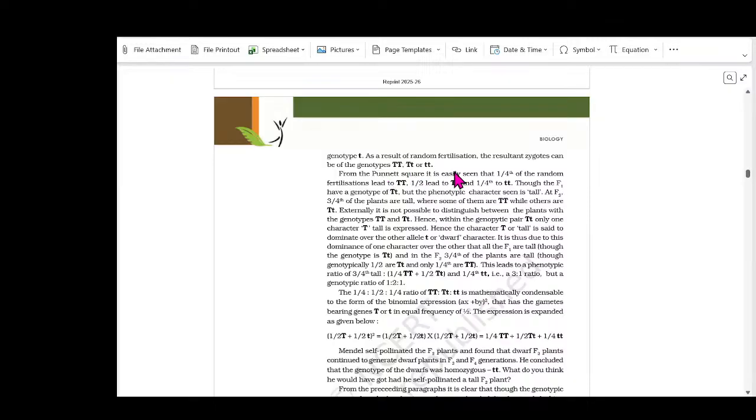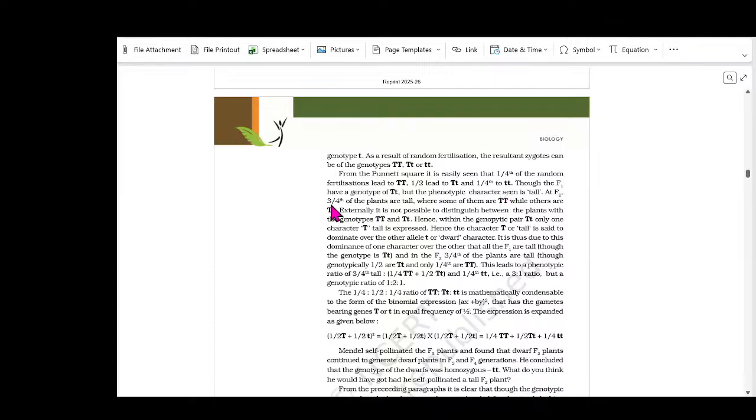From the Punnett square, it is easily seen that 1 by 4th of the random fertilizations lead to capital T capital T, 1 by 2 lead to capital T small t, and 1 by 4 to small t small t. Though the F1 have a genotype of capital T small t, the phenotypic character seen is tall.